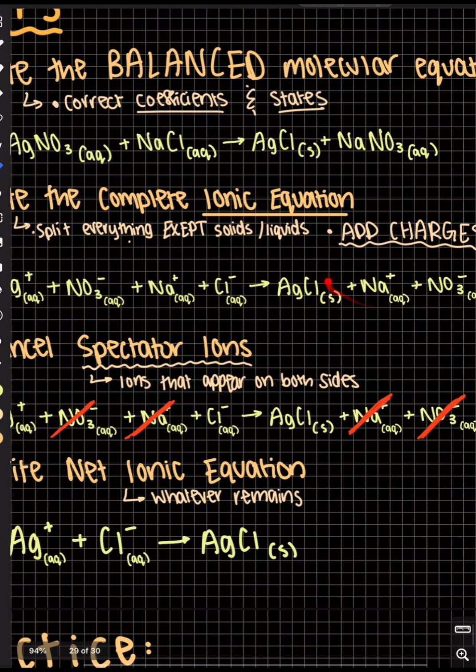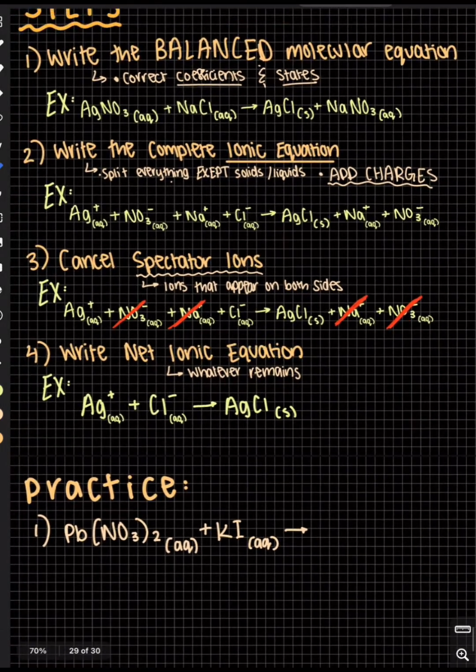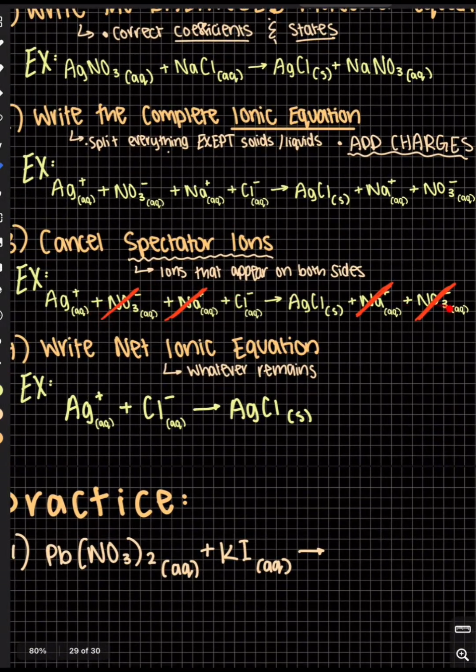So here I see an Na+ repeating on both sides, and I see an NO3- repeating on both sides, meaning that these are called the spectator ions, meaning that I can just cancel them out from my ionic equation. Cancel out the NO3- here and NO3- here, cancel out the Na+ here and the Na+ here, and whatever I'm left with, I'm just left with Ag+ plus Cl- makes AgCl.